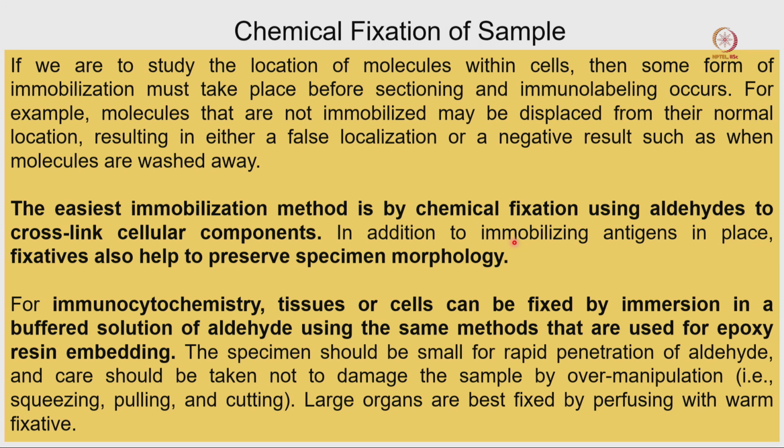In addition to immobilizing the antigens in place, fixative also helps to preserve the specimen's morphology. So, for immunochemistry, tissue or cells can be fixed by immersion in a buffer solution of aldehyde, using the same method that is used for the epoxy resin embedding.